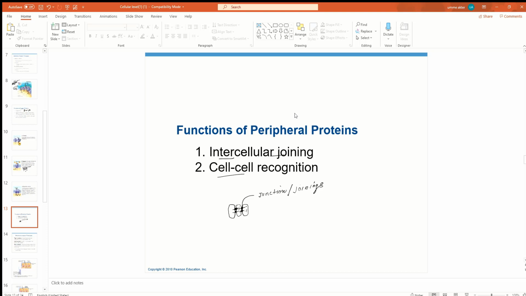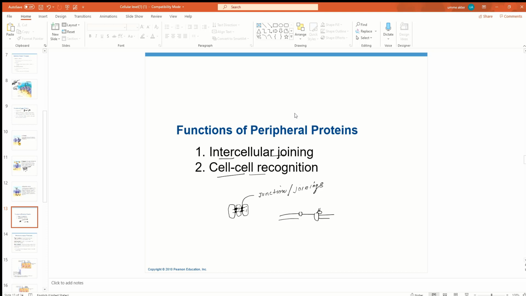Cell to cell recognition. What happens in some cases, the peripheral proteins, like this one is a peripheral protein, this is a cell membrane, this is integral protein, this is peripheral protein. Okay, phospholipid bilayer. These peripheral proteins can detect the next cell or adjacent cell, and that is called cell to cell recognition.